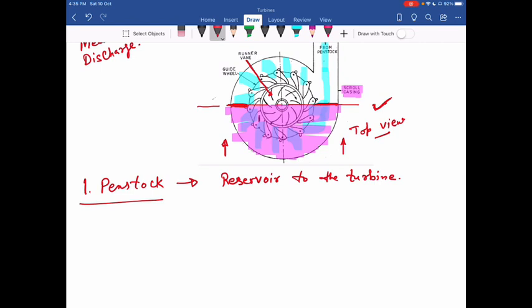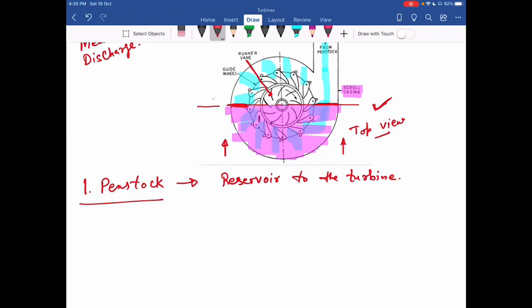So at the inlet of the penstock, we have trash racks that are used to prevent debris from going into the turbine. Okay. So we can construct a penstock with different sections, and those sections we connect together to form one single penstock. Okay, so for joining these sections we can weld them. So welding is used to connect the different sections of the penstock.